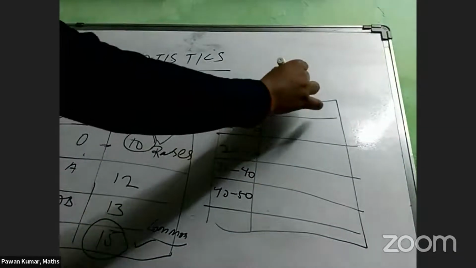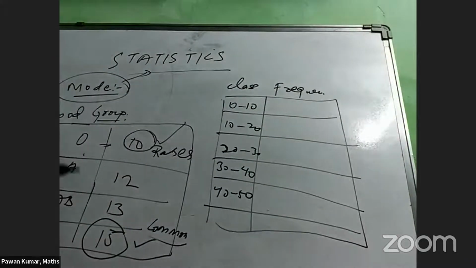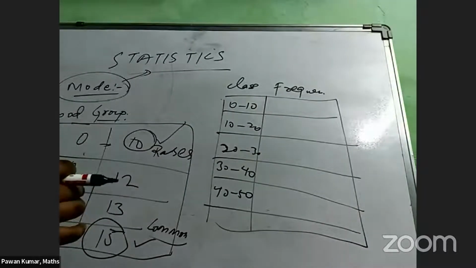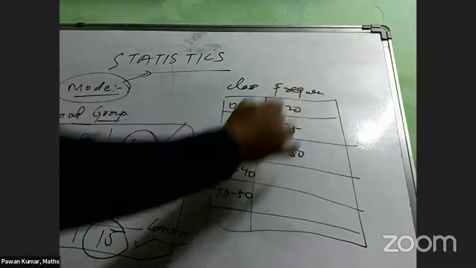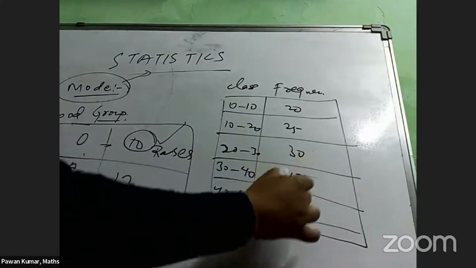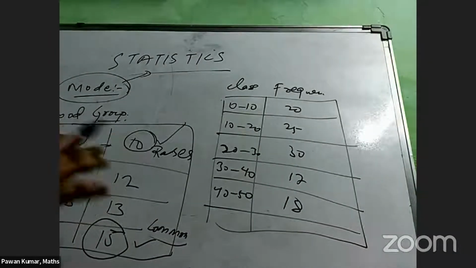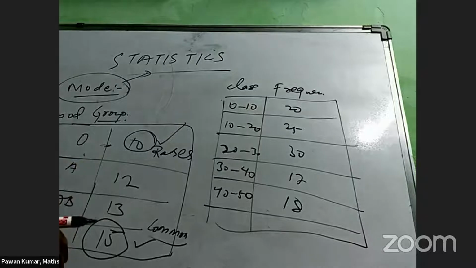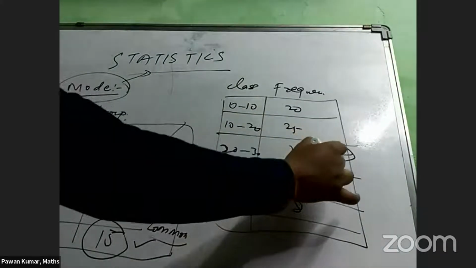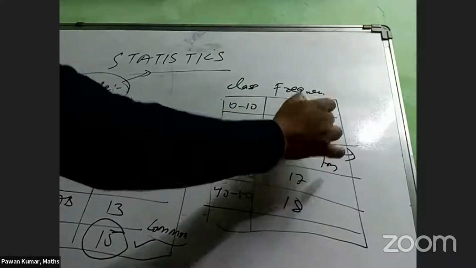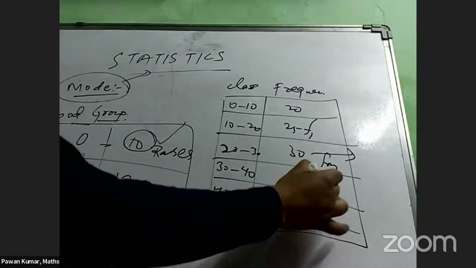Suppose this is the class and this is the frequency. We see which one has the highest frequency. Let's say I have 30 here, 25, 20, 17, 18. We first find the modal class, which has the highest frequency. Suppose this one is the modal class. We represent the frequency just above the modal class as f1, the modal class frequency as fm, and the one just below it as f2.